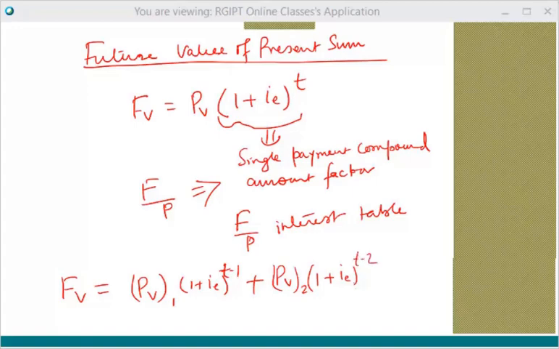And if you are doing this for n number of periods, you can do this with PV times (1 plus i_e) to the power t minus n. Okay, let's do one example.